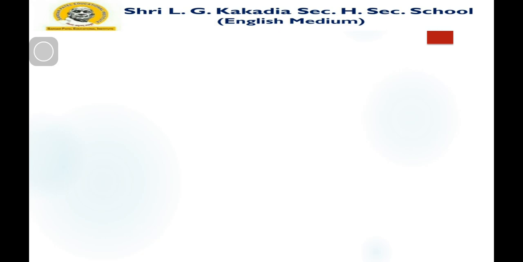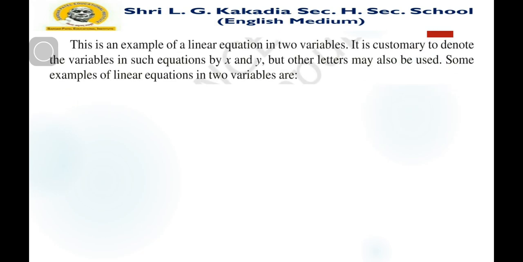So this is an example of a linear equation in two variables. It is customary to denote the variables in such equations by x and y, but other letters may also be used, meaning any of the other alphabets a, b, c, d up to z.